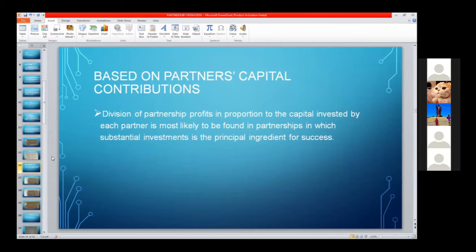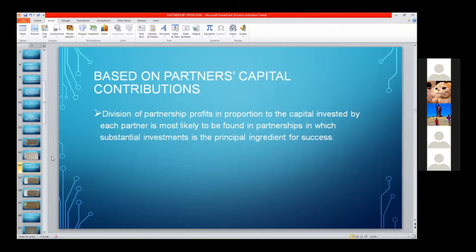Capital contributions. In our previous lesson last time, which was the basic considerations of the partnership, we discussed mutual contribution, which is one of the characteristics of a partnership.